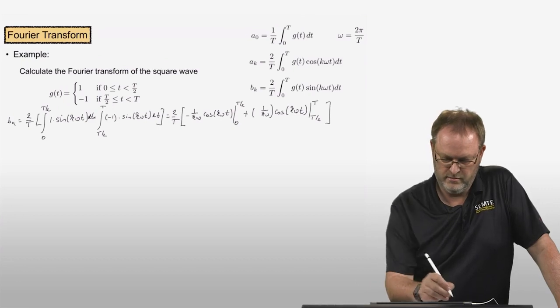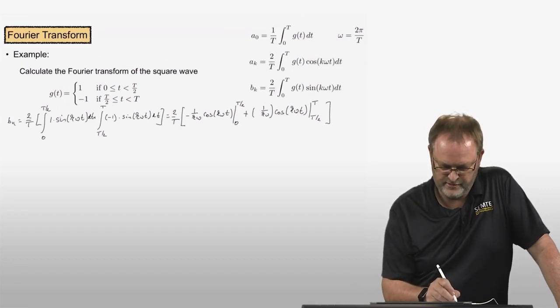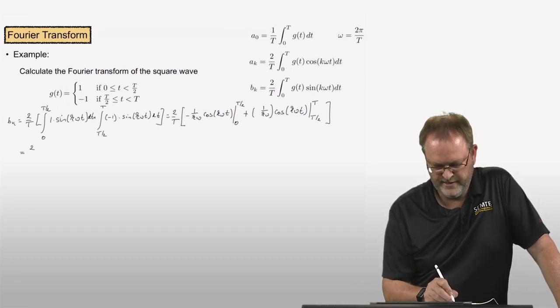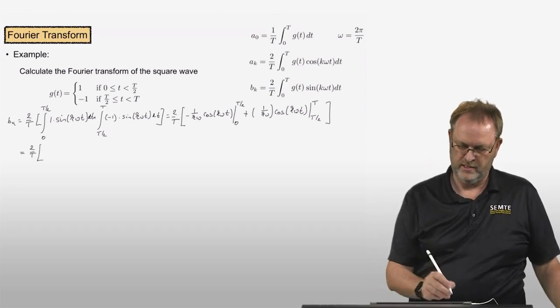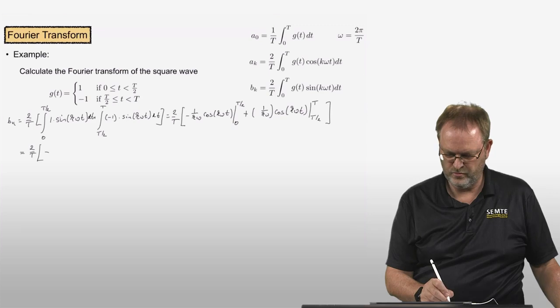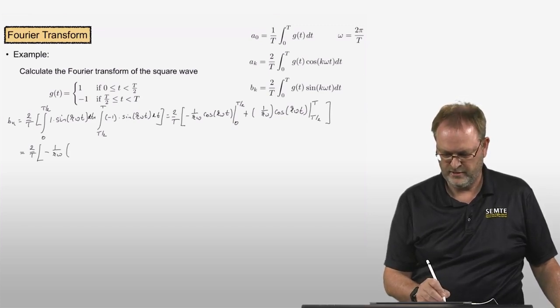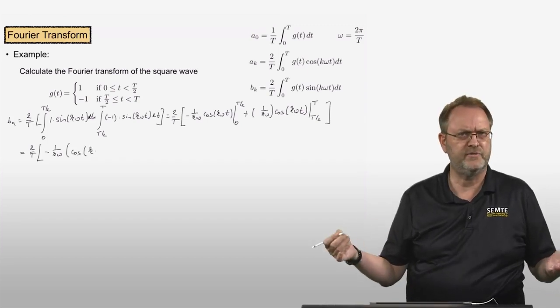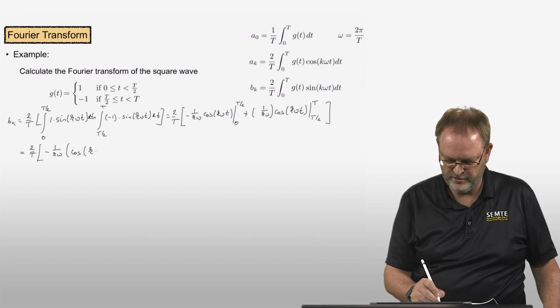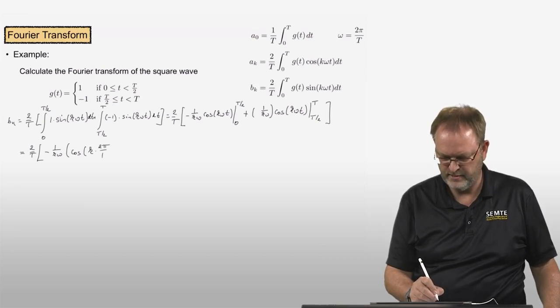And then, well, let's plug in the bounds. So 2 divided by T times minus 1 over k omega times the cosine of k. For omega, I'm going to substitute in here already the 2 pi divided by T, right?